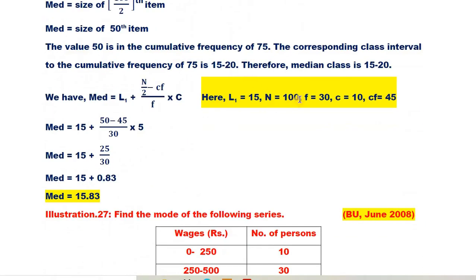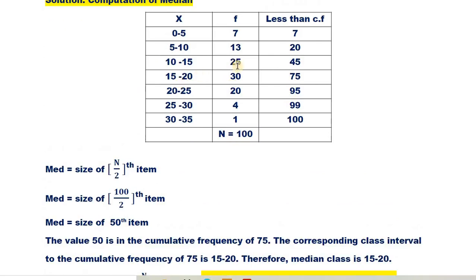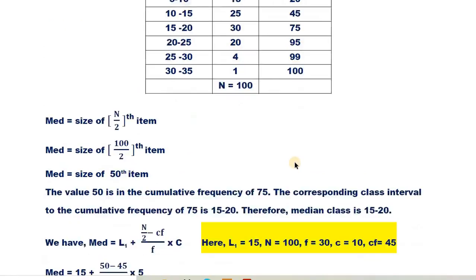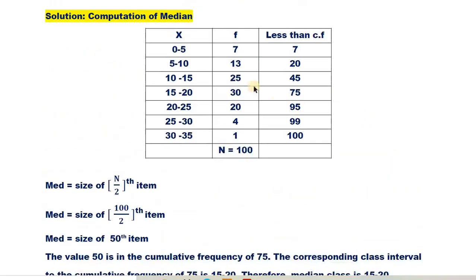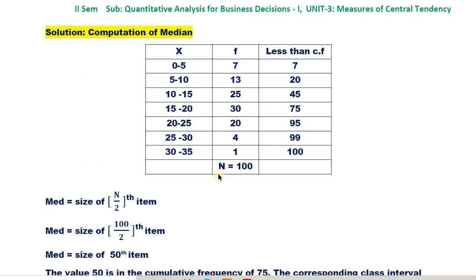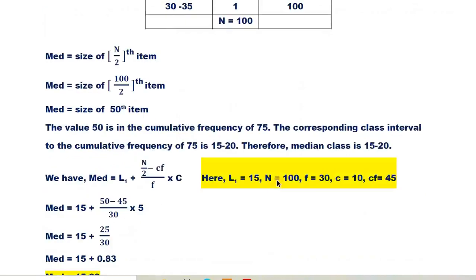N is of course the number of frequencies; for total frequency it is 100. F is the simple frequency of the median class, and we have F equal to 30. C is the class interval; for 15 to 20 it is 5.